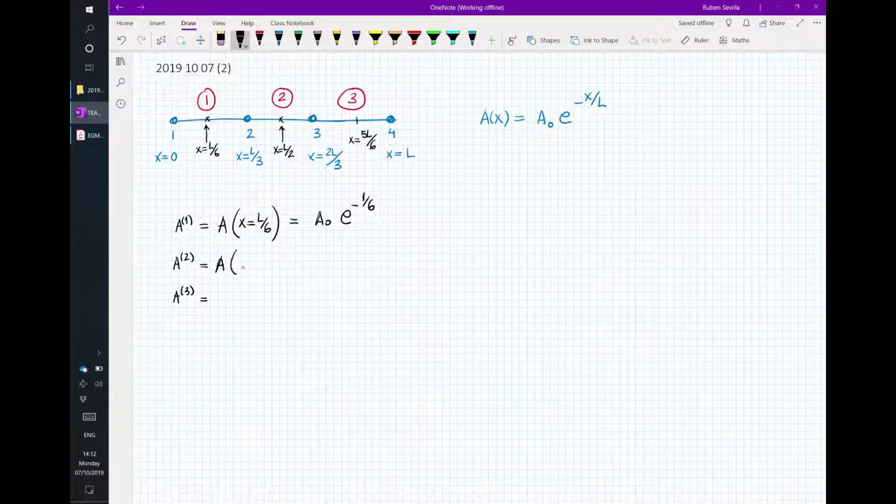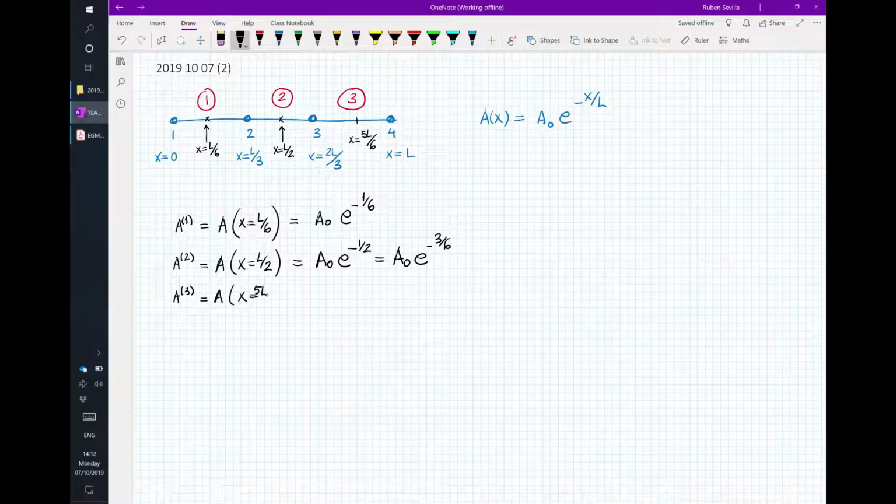Second one is the area evaluated at L divided by 2. So it's A0 exponential of minus 1 over 2, or if you want, sometimes it's a good idea to use the same denominator so that you can compare them a bit better. But it's really not that important.